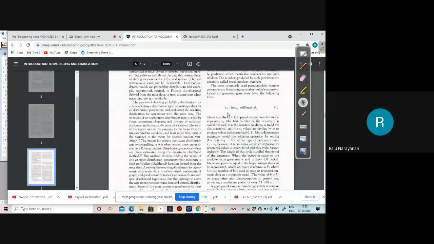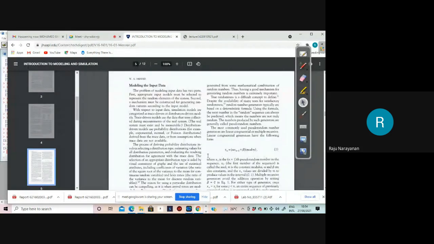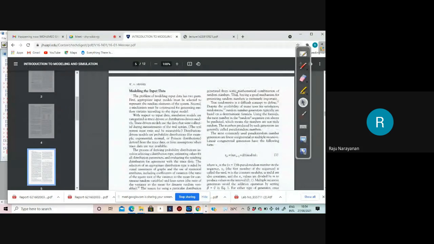This one, x_n = alpha times x_{n-1} plus beta, mod m. This is the basic equation for generating random numbers, where x_n is the n-th pseudo random number. The term random number typically denotes a random variable uniformly distributed in the interval 0 to 1.